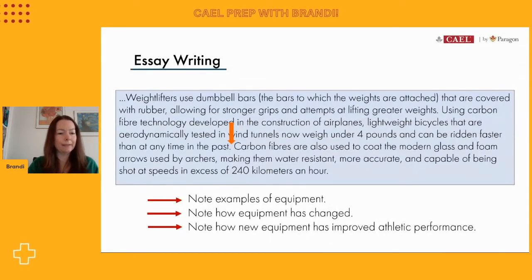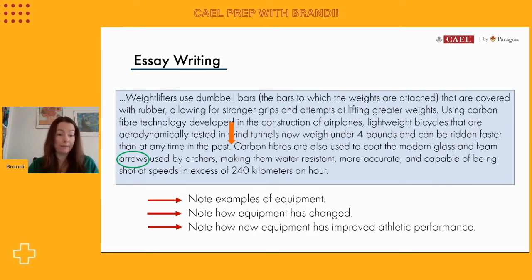All right, there's a little bit more to go. We might have one more example here. So starting at that orange arrow, we have carbon fibers are also used to coat the modern glass and foam arrows. Arrows, that's the piece of equipment, right? Used by archers, making them water resistant, more accurate, and capable of being shot at speeds in excess of 240 kilometers an hour. Okay.